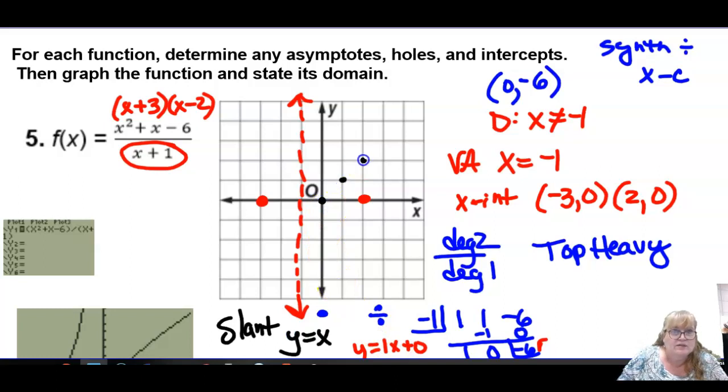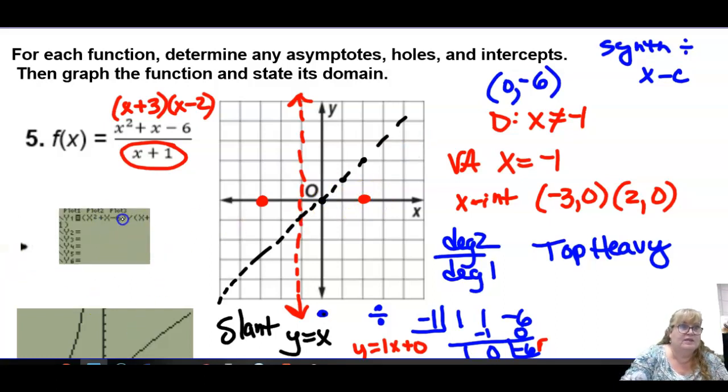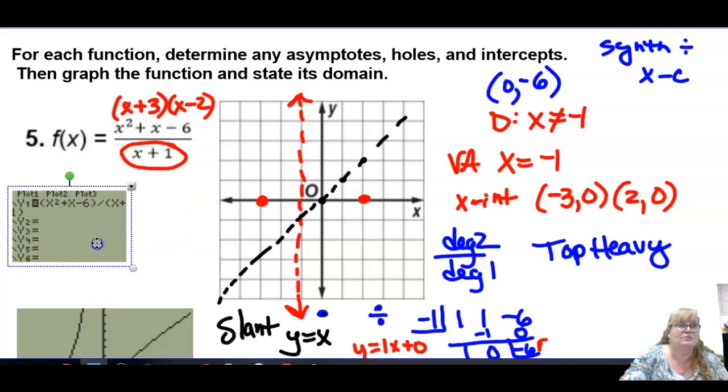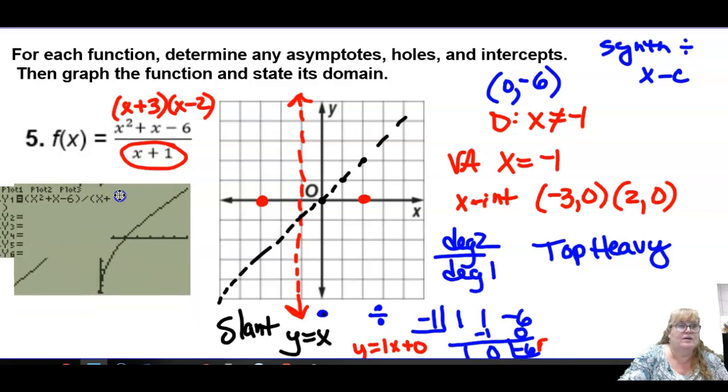It goes like this. I'm going to make it a dotted line because it is not actually part of the graph. All right, so then I'm thinking, look, we're over here. We had a y-intercept, remember, way down here. So the graph, when I graph it on the calculator, I typed it in just like this with parentheses around the top and the bottom.